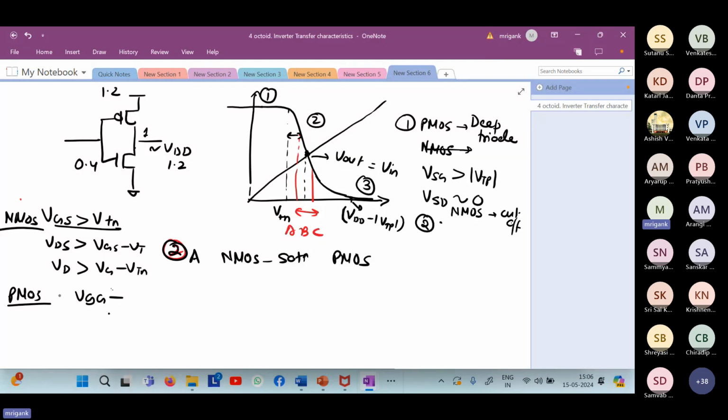So in this case, I can say that VSD is, as long as this is greater than VSG minus mod VTP. Now again, in both the cases, the source part I can cancel out.